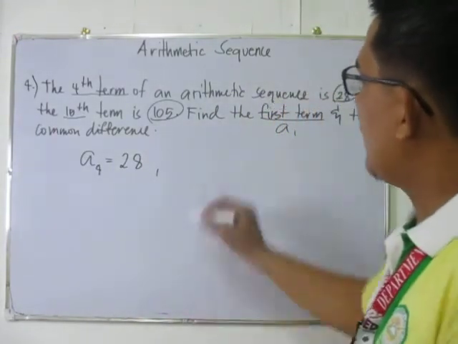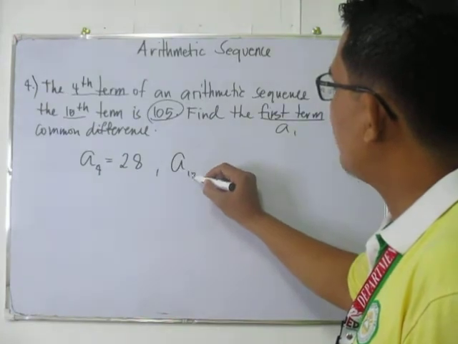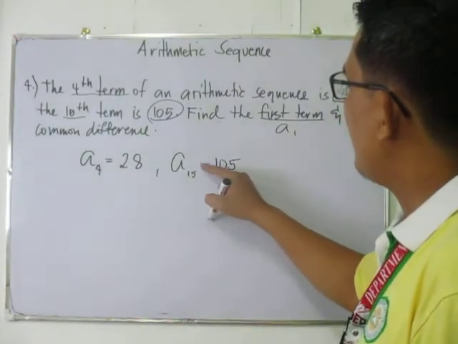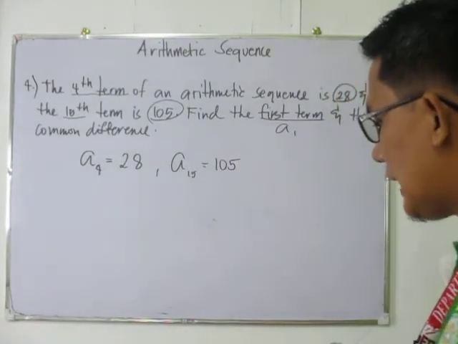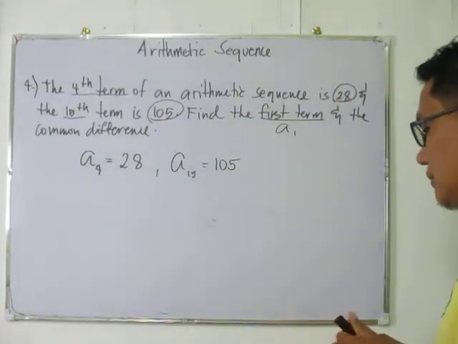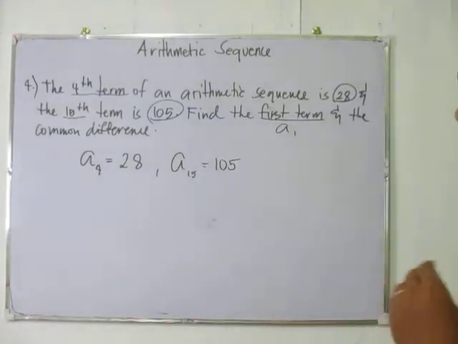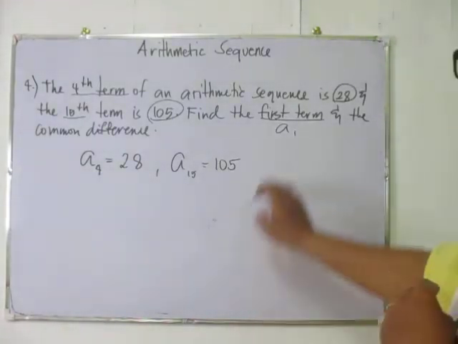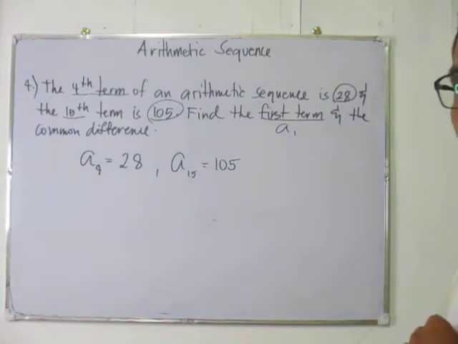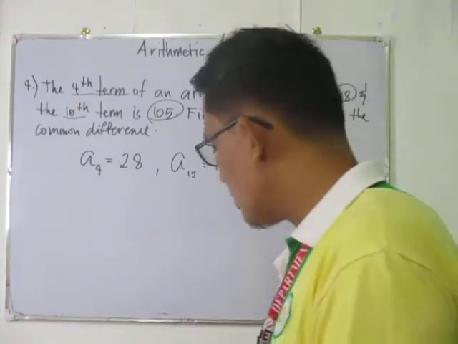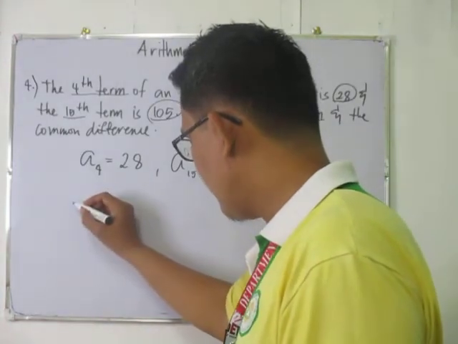And our 15th term, or a sub 15, is equal to 105. So that is the only information that we have in the given problem. But we're going to use that information to solve for what is asked: the first term and the common difference of our sequence.